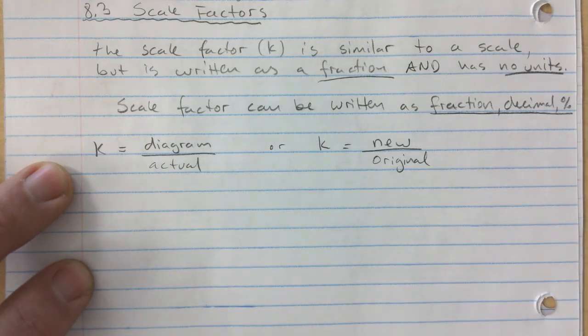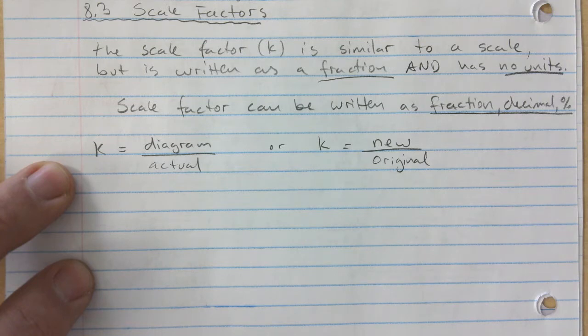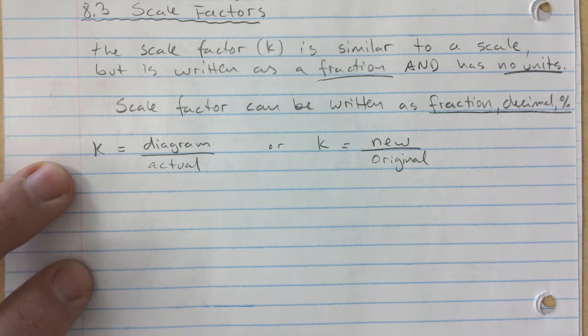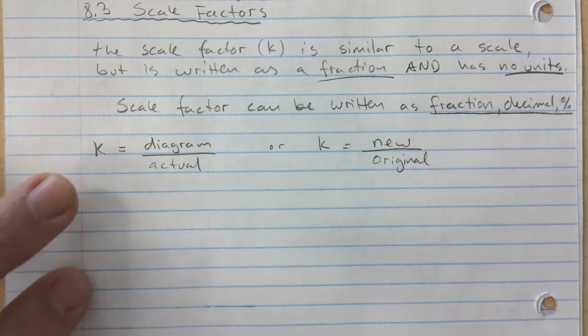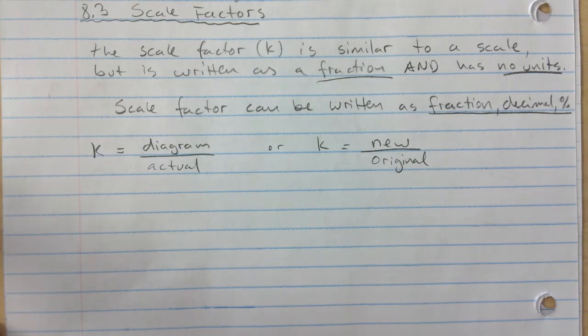Okay, so when you're making a copy of something, you might want to just refer to this is the new, right? The copy, and this is the original, the one you started off with. When you're looking at a picture and a picture of something, right? There's the actual and the diagram, which is what we consider our picture. Okay.